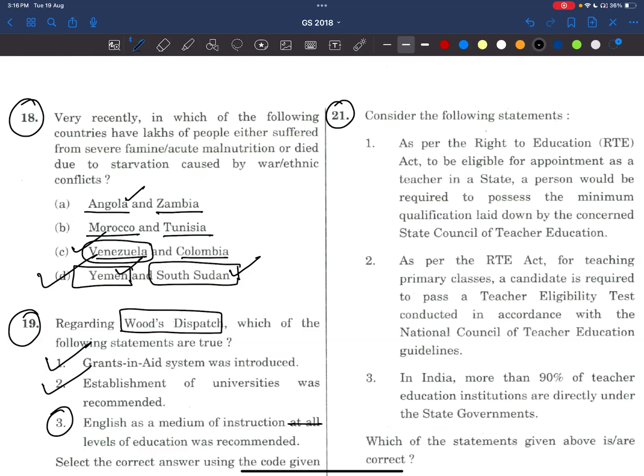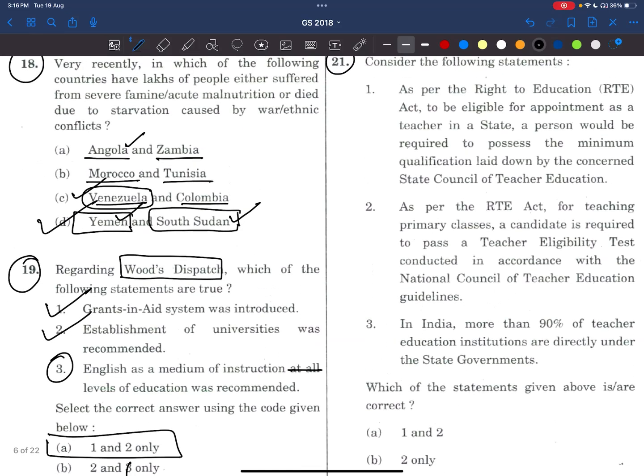Now, coming to the statements: as per the Right to Education Act, to be eligible for appointment as a teacher in a state, a person would be required to possess the minimum qualification laid down by the concerned State Council of Teacher Education. It is not the State Council, it is the National Council, done at the national level.